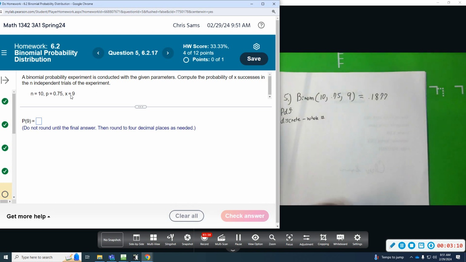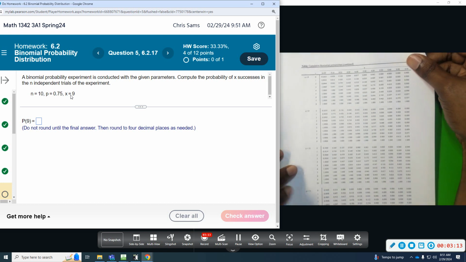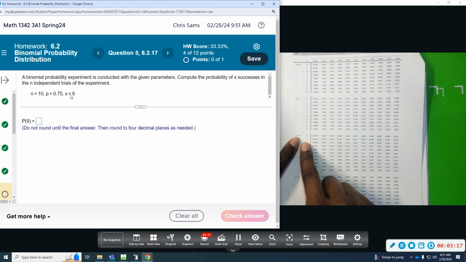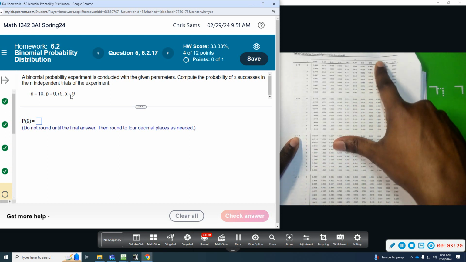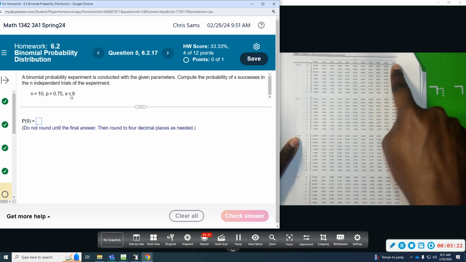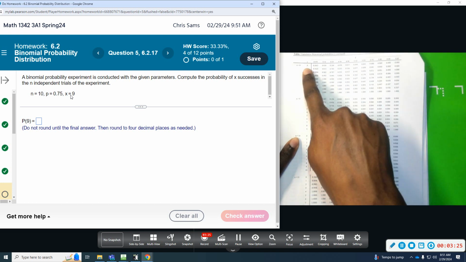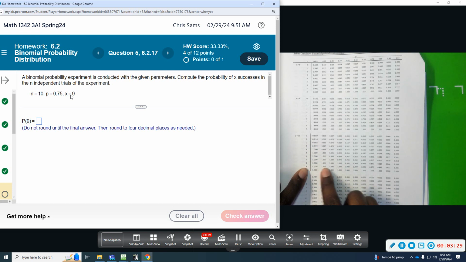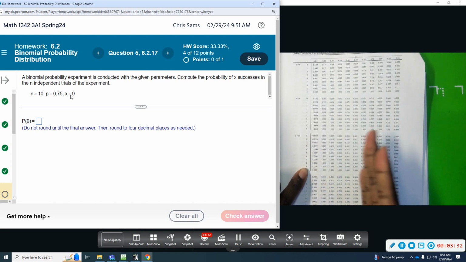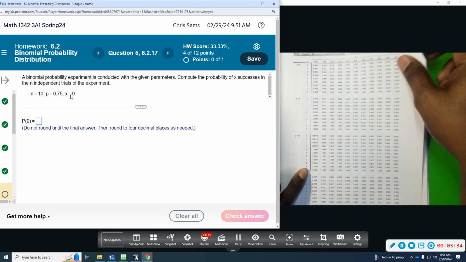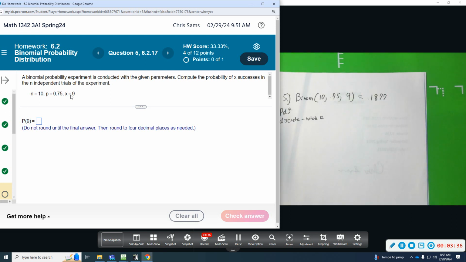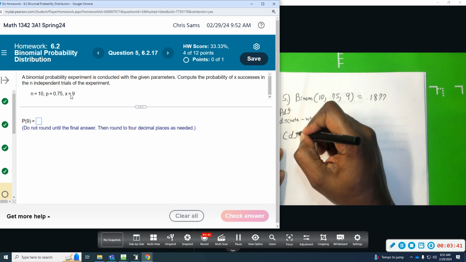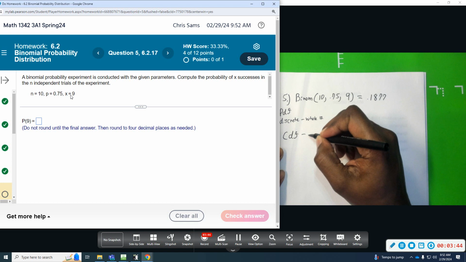If you want to use the cumulative table, we would do the same thing. We're going to find the right number of trials, which is 10. Sorry, it's kind of hard to see. It's kind of small. But this table doesn't have the 0.75, so I wouldn't be able to use this table. But if we were, we would go to 9 successes, and 9 is adding up everything from 9 and below. This is the CDF, the cumulative distribution function.